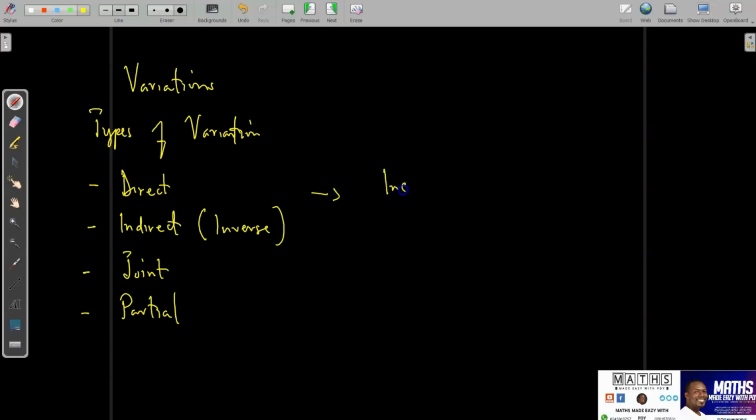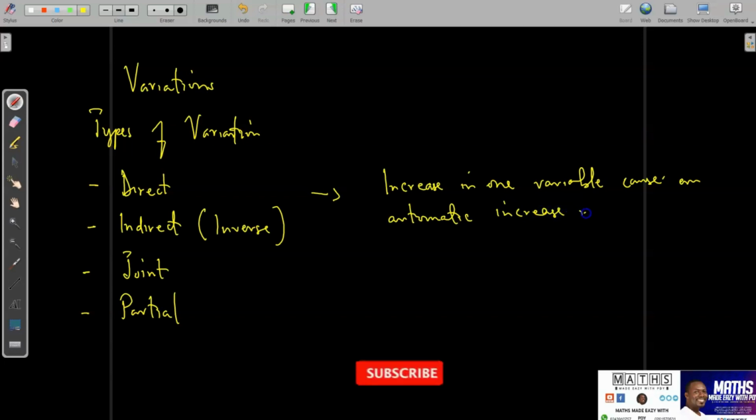So an increase in one variable causes an automatic increase in other variables. It might be either one or more.